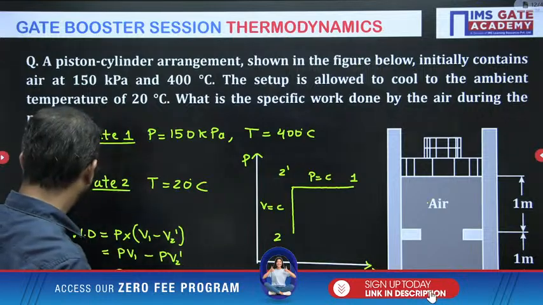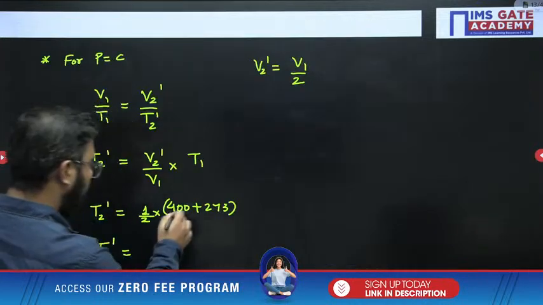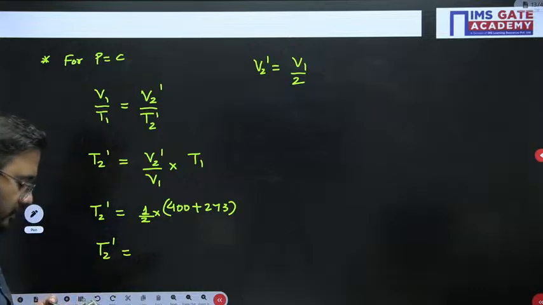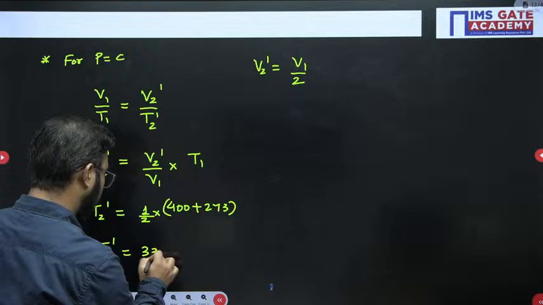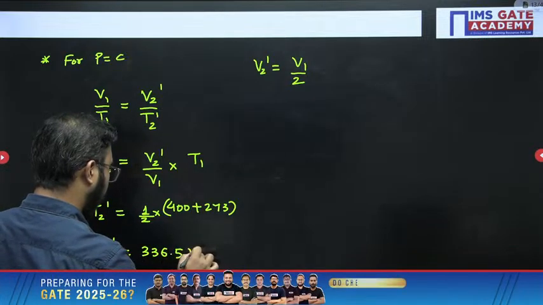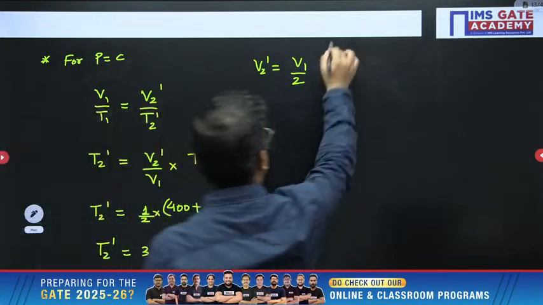Do the calculations, everyone. So 400 plus 273 we have solved, it is 673, divided by 2, it is coming as 336.5 Kelvin, right?